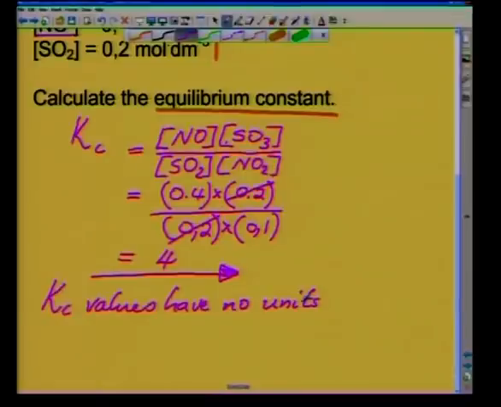So in a simple situation like we had here, you have got mole per cubic decimeter divided by mole per cubic decimeter. What is going to happen here? The units are going to cancel out and you're left with no units there. So the Kc value for this chemical reaction at equilibrium, in this case, is 4. Right, so that is how we can calculate for our Kc value.